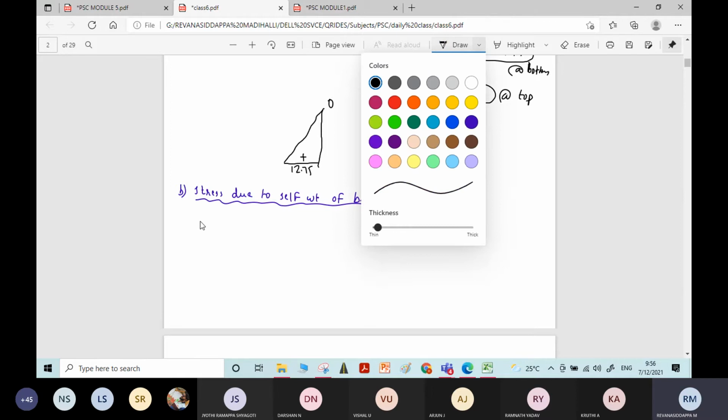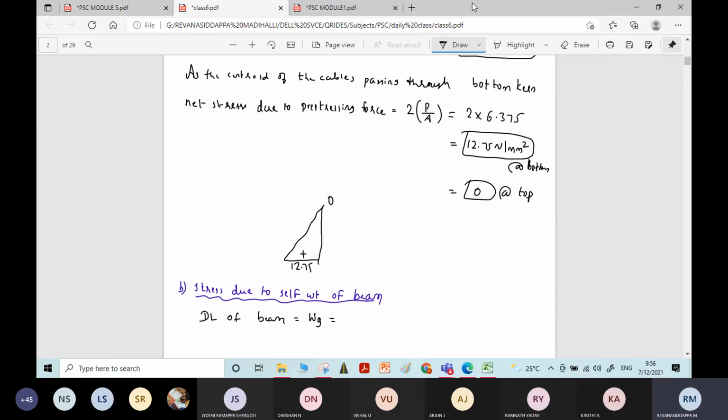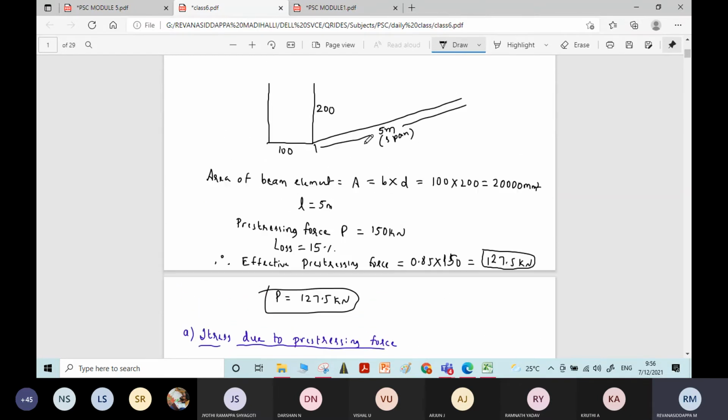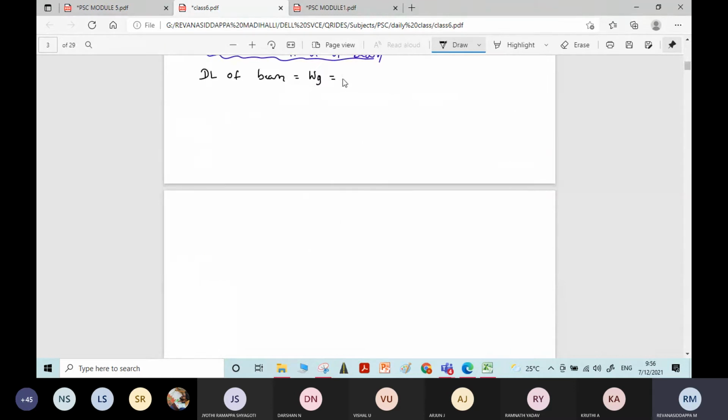Dead load of the beam, WG, is equal to cross section times density. The cross section given is 0.1 by 0.2, so 0.1 into 0.2 into 24, which is the density.